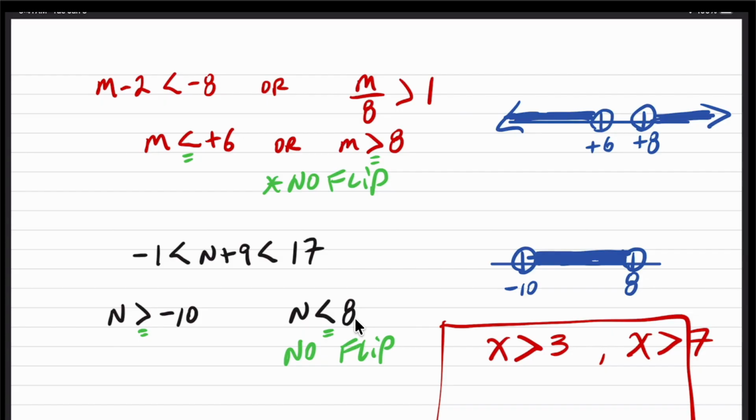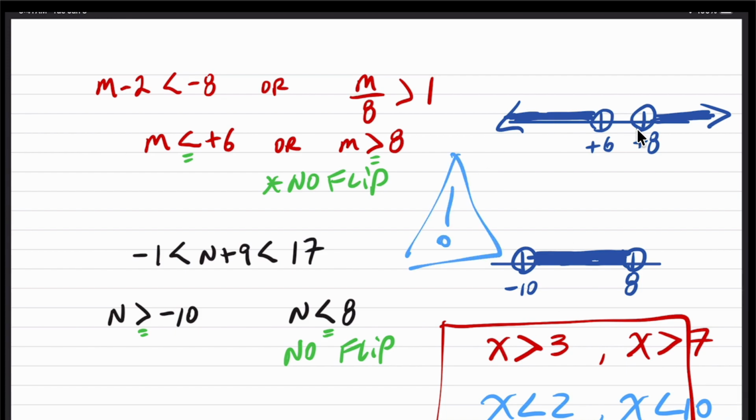Or you might have X is less than 2, X is less than 10. In other words, these are going to be the same. So it doesn't always happen, but if you see a flip of the sign or you end up with this scenario, be very wary that it is not going to conform to the boat oar and dumbbell pattern.